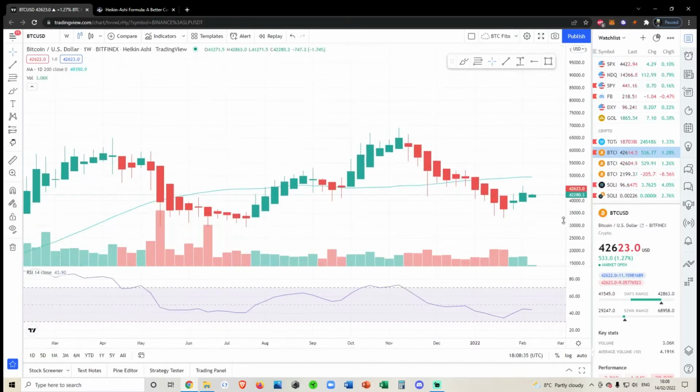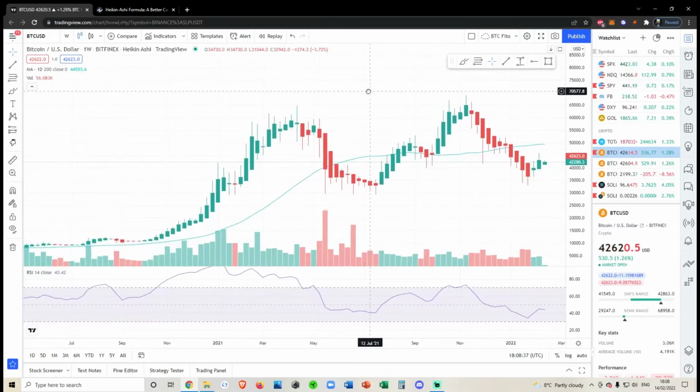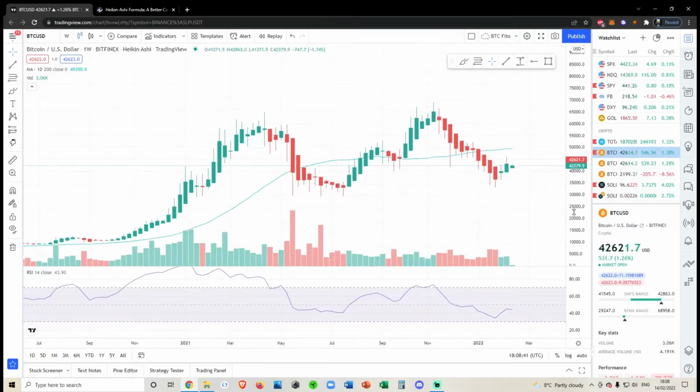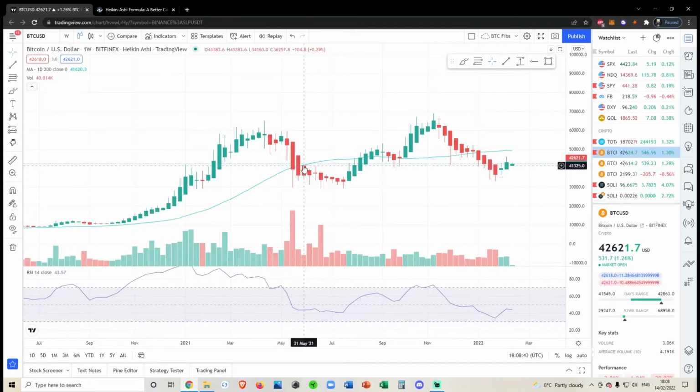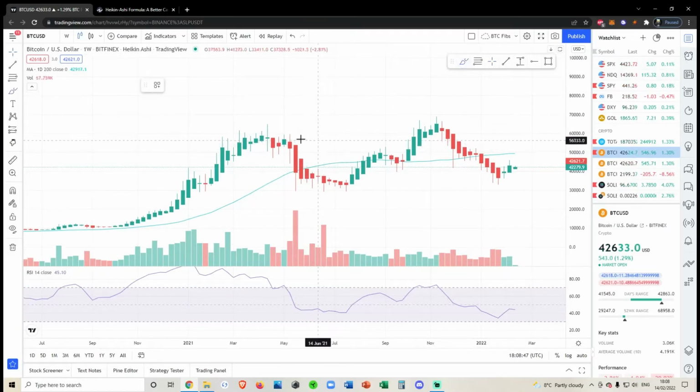And why people use Heikin-Ashi candles is because they're great at characterizing uptrends and downtrends. Simply because as we open halfway through the previous candle, it is a lot harder to have a red downtrend turn green, and it is a lot harder to have a green uptrend turn red.